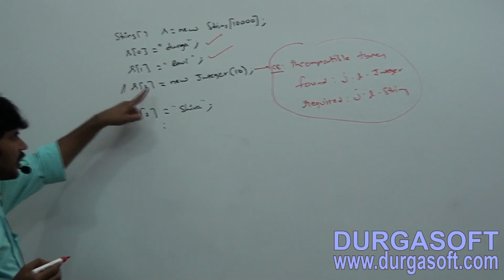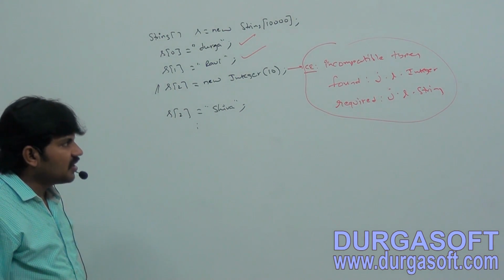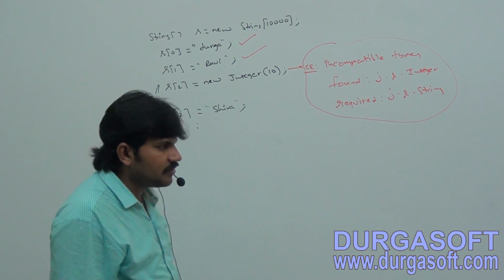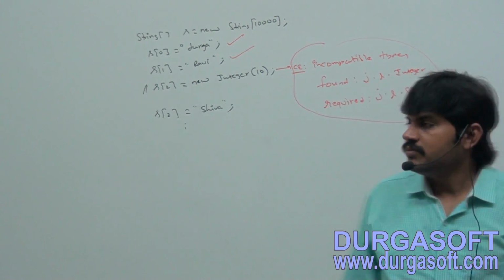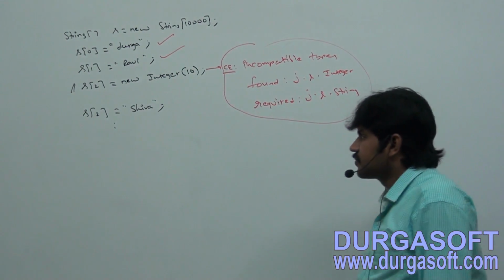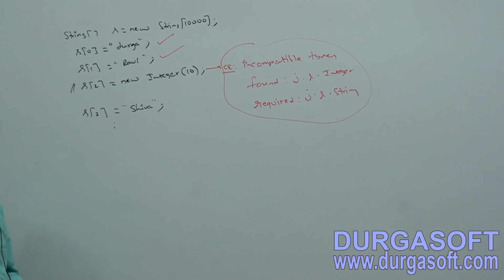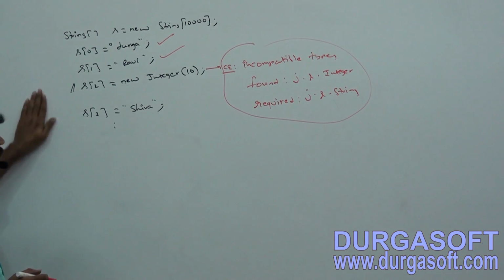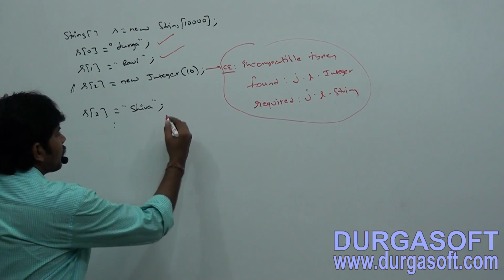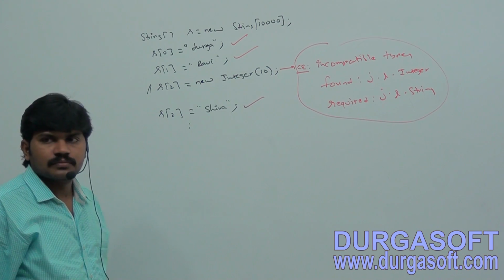But whenever I try S of 2 with an integer, immediately we will get a compile time error: incompatible types, found java.lang.Integer, required java.lang.String. So that I can correct that mistake, S of 2 is equal to Shiva. S of 2 is equal to Shiva, valid. Okay, completed, right?